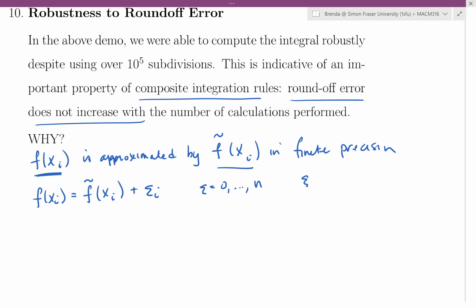Let's see what happens then. Let's take a look at the trapezoidal rule.